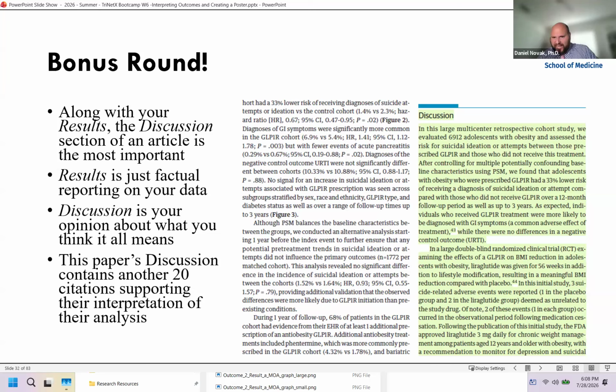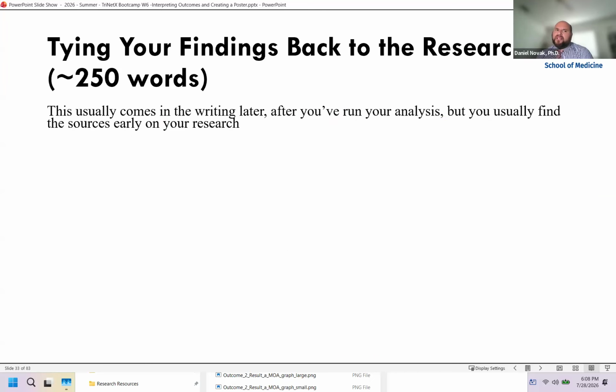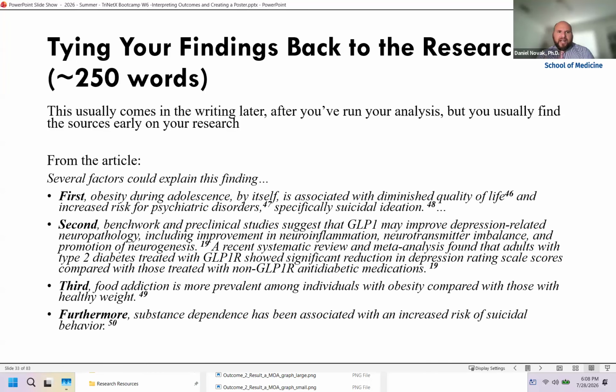So you can see that the literature review stops including papers around 23, and this paper ends with around 43 citations or more. So again, this usually comes later after you've run your analysis, but you can find it going on here.